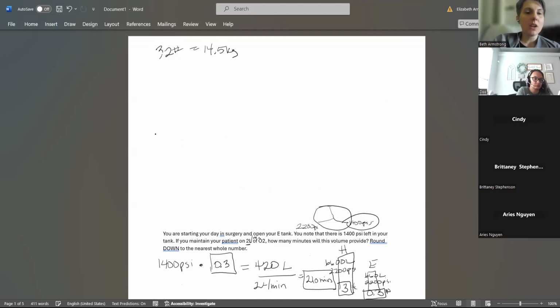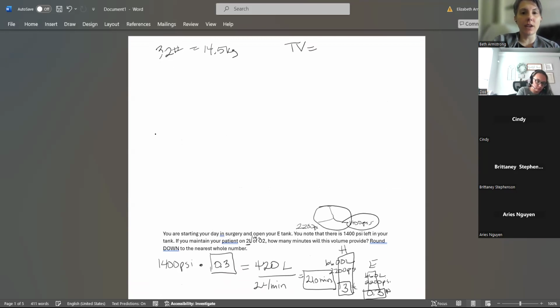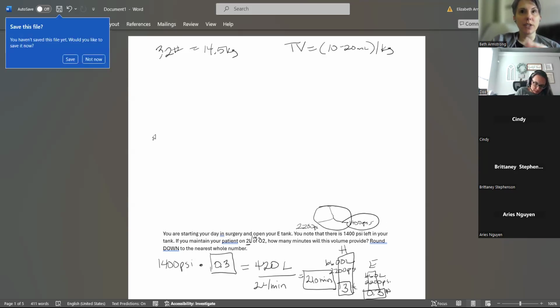Kilograms. Okay. So in order to figure out bag size, we have to know what tidal volume is. What is tidal volume? What's the formula for that? 10 to 20 mils per kg. Good. So this means that we're going to have two separate answers for this problem.